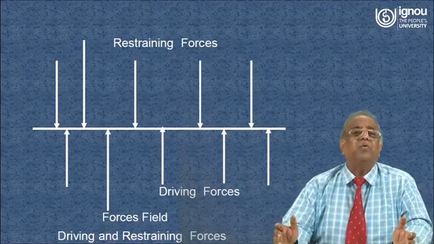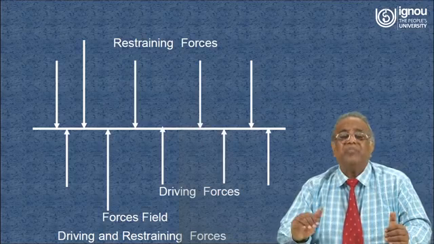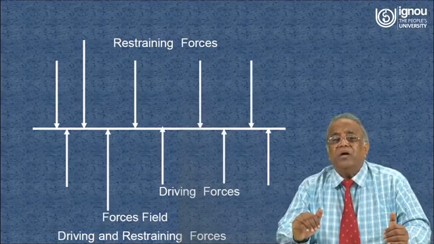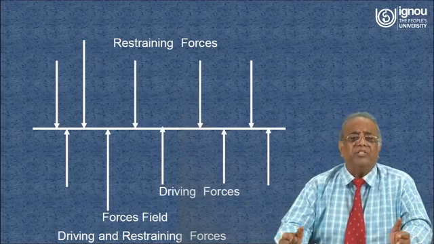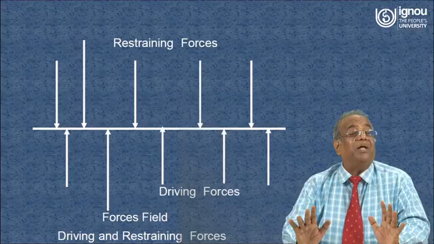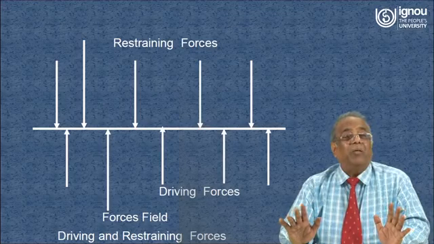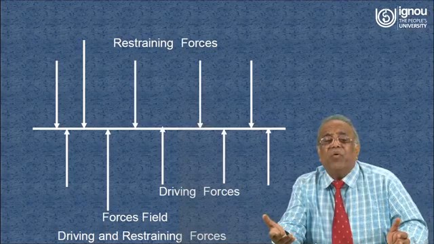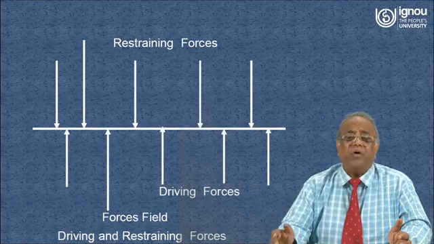So they will try to obstruct or resist that change. The Lewin model says that when the driving forces and restraining forces are in equilibrium, that means these forces are equal, the change is not possible. But if the driving forces are more than the restraining forces, only in that case is the change possible.